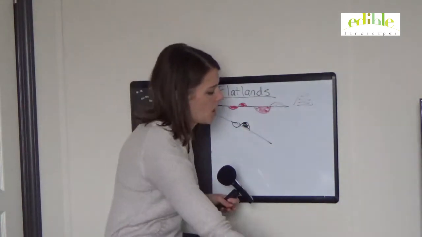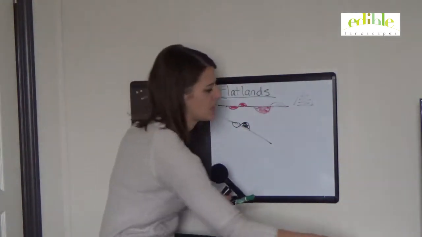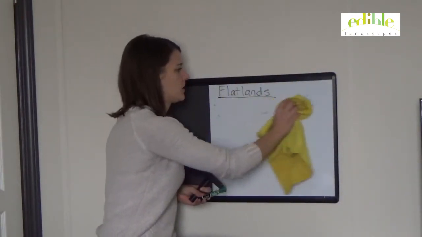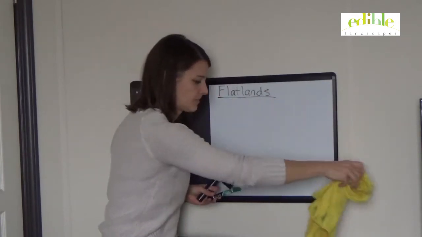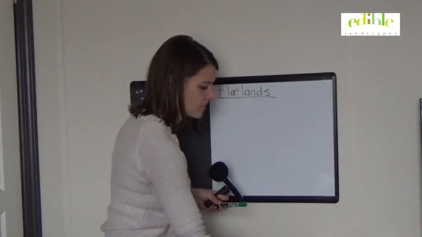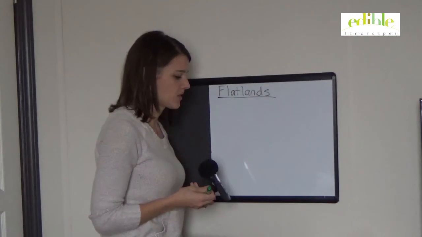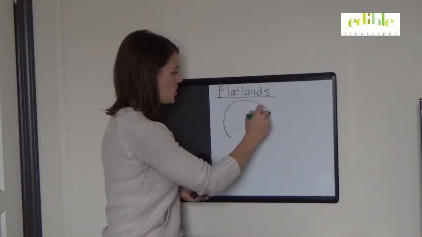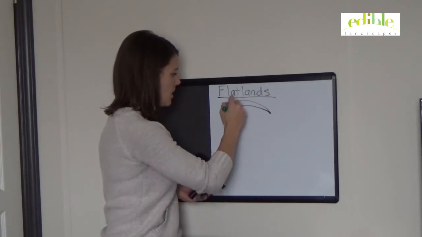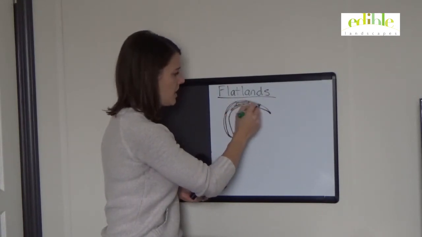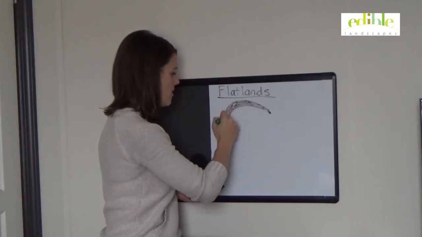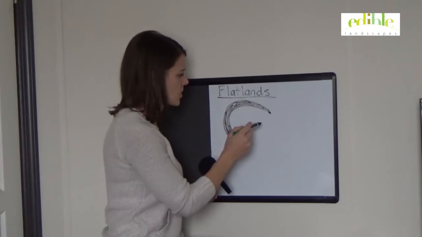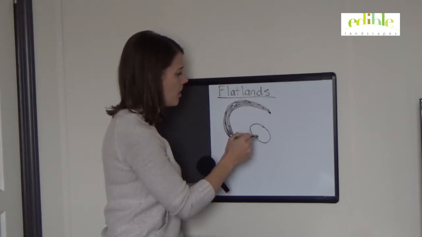So on the flatlands, we definitely have a lot of problems with wind. So we need a lot of windbreaks. So one of the ways that we can use this extra soil is to create earth banks, which would just simply be large mounds of soil, which we may have actually gained from digging a pond.